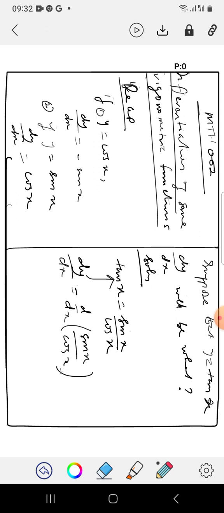So what are we going to use? We are going to use the quotient rule, because this is a quotient.